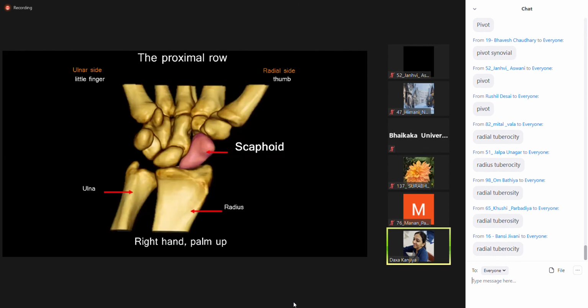The carpals are arranged in 2 rows: the proximal row has 4 bones and the distal row has 4 bones. From lateral to medial in the proximal row: scaphoid, lunate, triquetral, and pisiform.